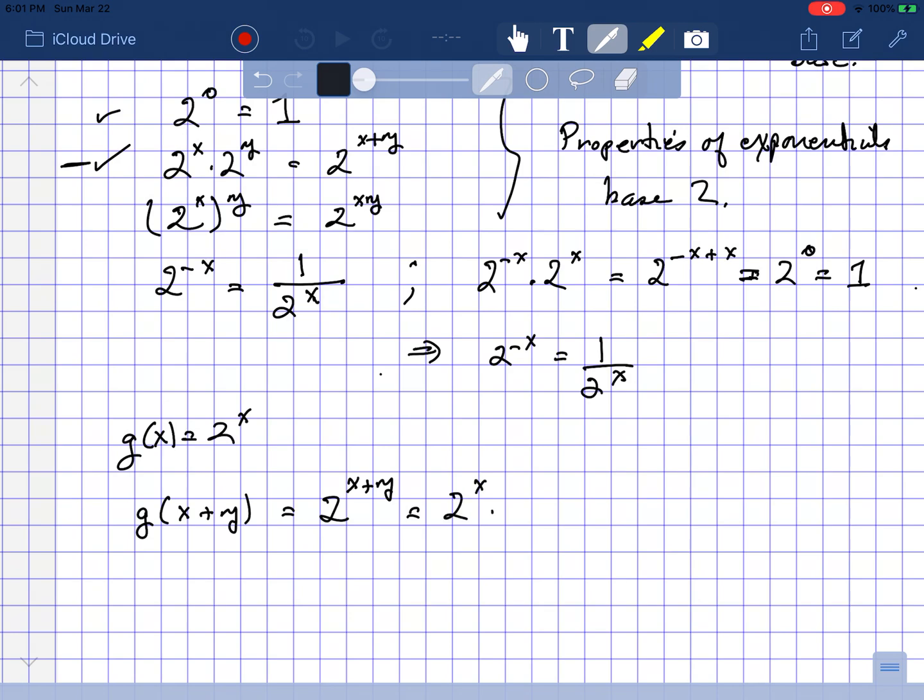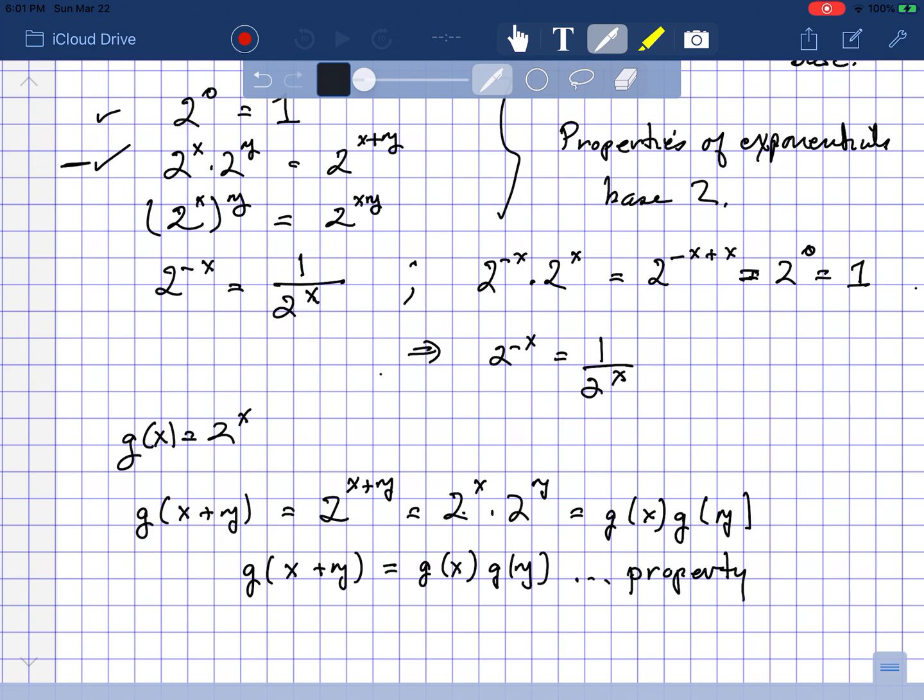This is equal to 2 to the x times 2 to the y, and 2 to the x is equal to g of x, and 2 to the y is just going to be g of y. So isn't this interesting? We have a function g that has the property that g of x plus y is equal to g of x times g of y. So this is a property of the exponential function.